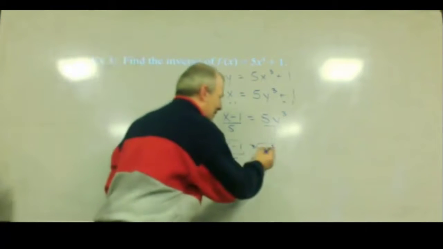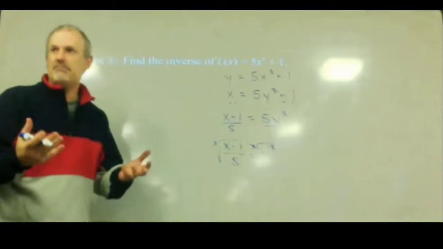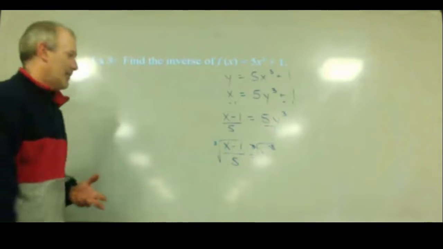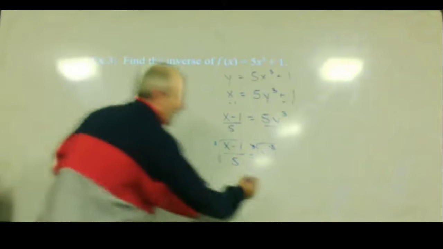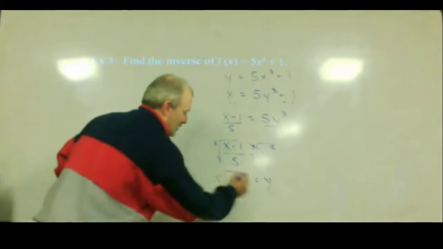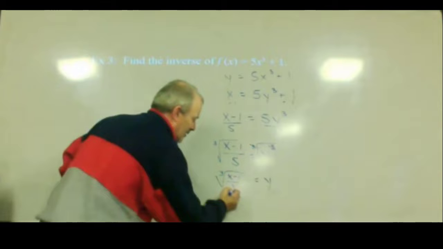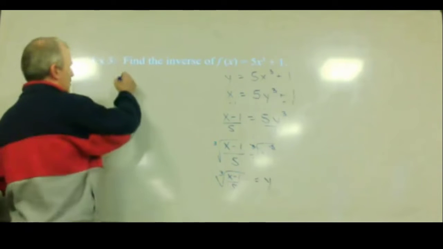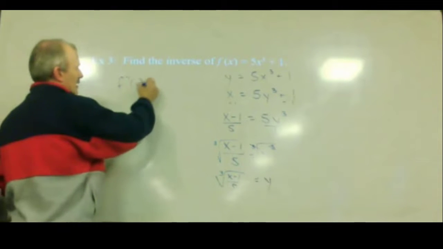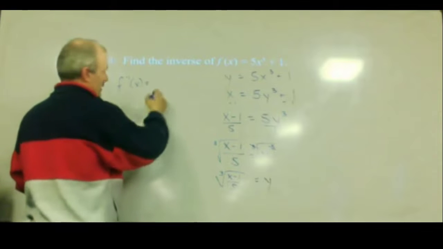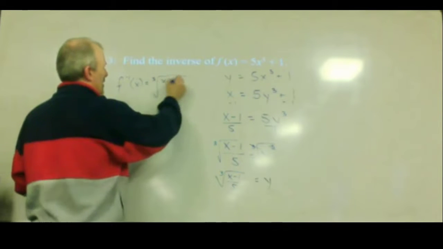And that makes this cancel with this. They need to be the same. Okay? So then our answer, because now we have y equals that, we would have f inverse of x equals the cube root of x minus 1 over 5.